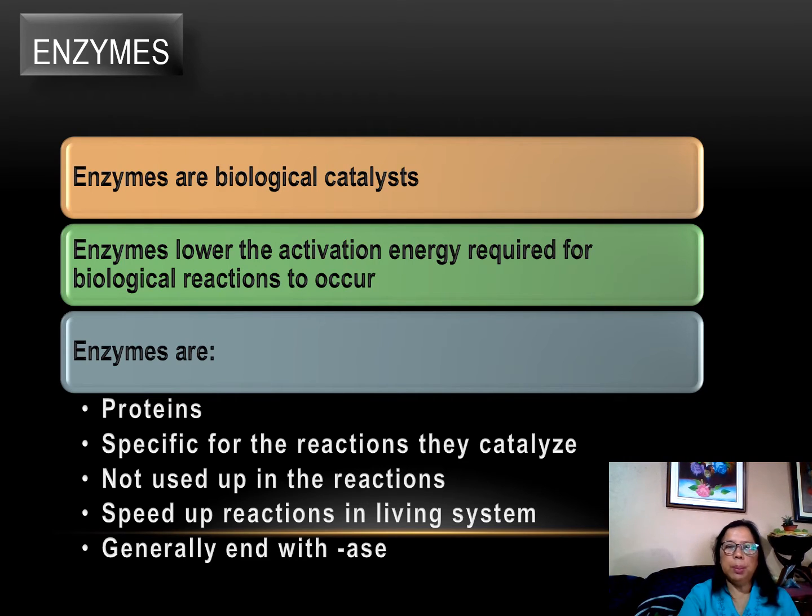They have their own specificity for the reaction they catalyze. They are not used up in the reaction and remain as enzymes. They speed up reactions in living systems, and categorically they all end with the suffix "ase".